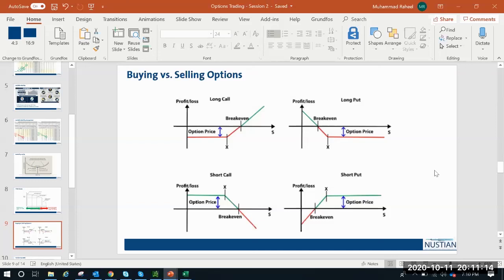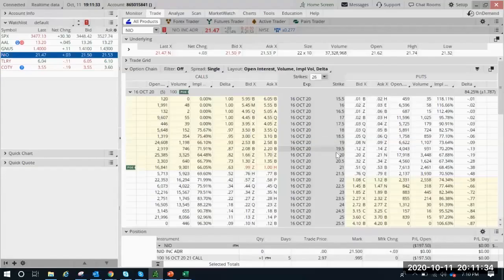Any other question? Hey, Mukarram, quick question. What I understood was, let's take an example of NEO. You are saying that if you are in a call with a $20 strike price, and NEO price goes to $25, you should sell the call at the 20 strike because the delta is going to get to 1, and then decay is going to kill you.